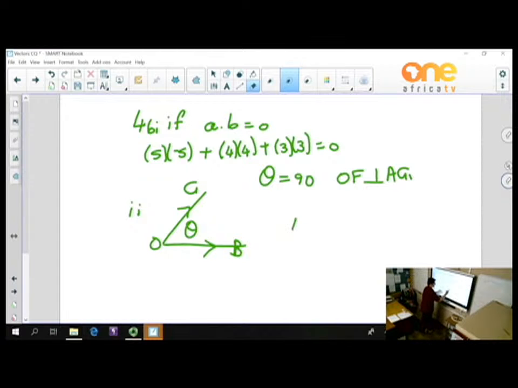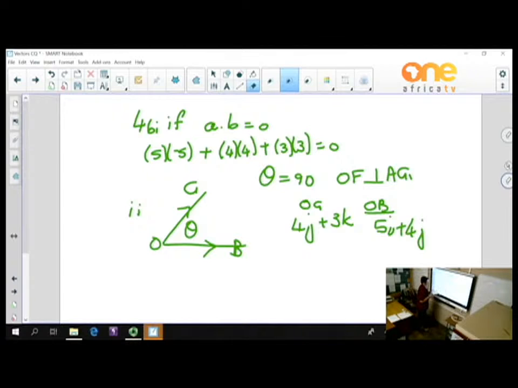So this is 4J plus 3K. This is then OG. And then OB, this is the one that we need to find now, and that is 5I plus 4J. I have to find that first from my sketch. So that's 5I plus 4J. You can see you're not going up, so there is no K in that case.